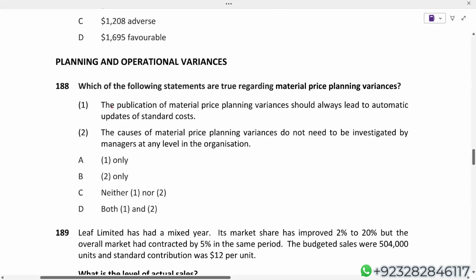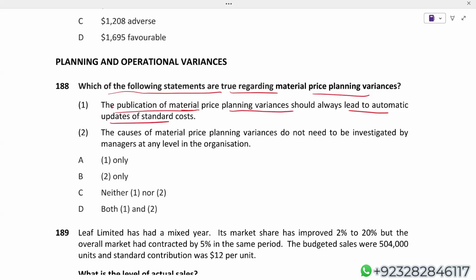Which of the following statements are true regarding material price planning variances? The publication of material price planning variances should always lead to automatic updates of standard cost. If you recall, planning variances arise due to uncontrollable events.